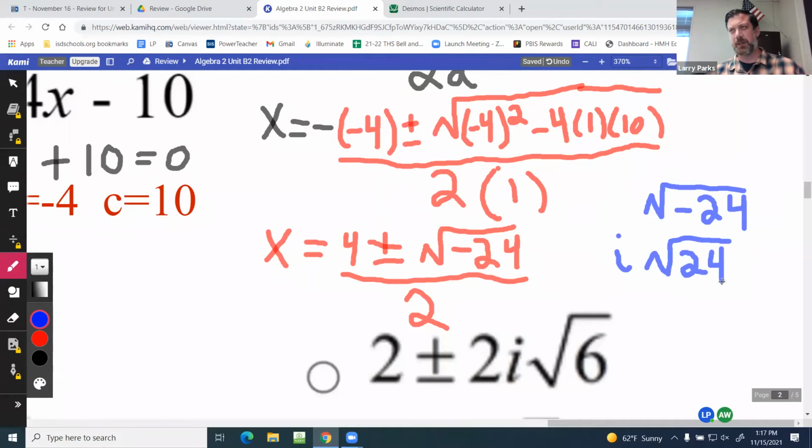The next perfect square is 4 times 4, 16, which does not go into 24. Then I try 3 times 3, which is 9. 9 doesn't go into 24. So then I try 2 times 2, which is 4, and 4 does. So I can write this as 4 times 6, because 4 times 6 is 24, but the square root of 4 is 2. So I get 2i square root of 6.